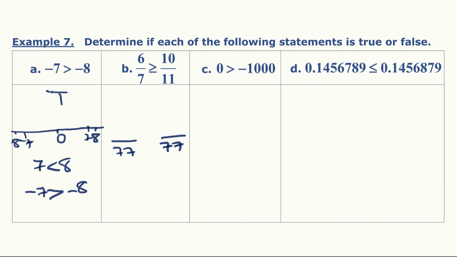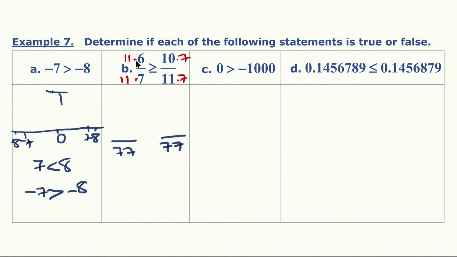Like so. Don't forget to do the same to the 6. Anytime you do something to the denominator of a fraction, you have to do the exact same to the numerator. And for the 11, we have to multiply it by 7. So we do the same on the top. So now what do we have?